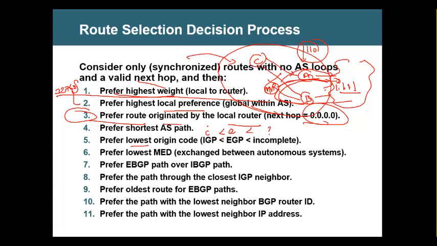Usually, I means IGP routing protocols, but here I represents BGP's own network. It is internally advertised. It is advertised using the network command internally in BGP.